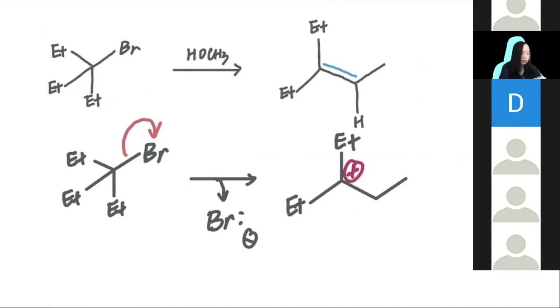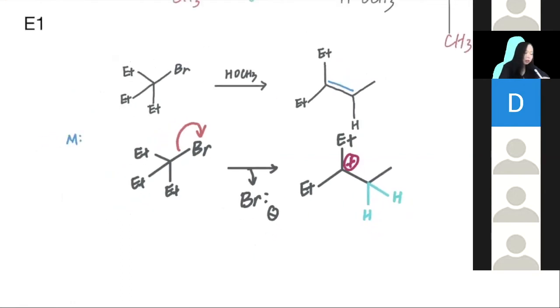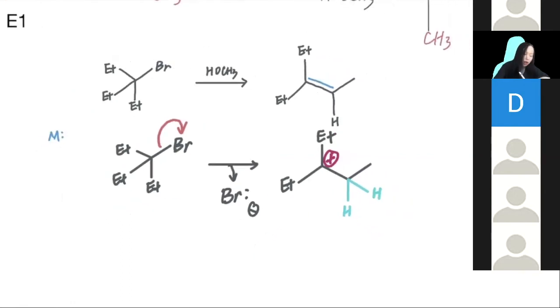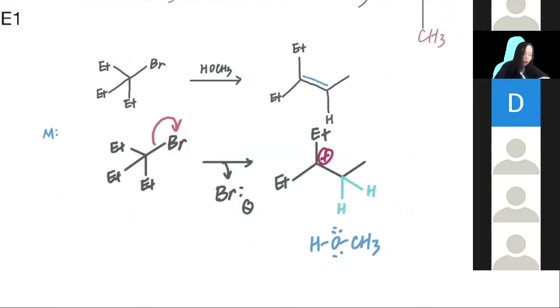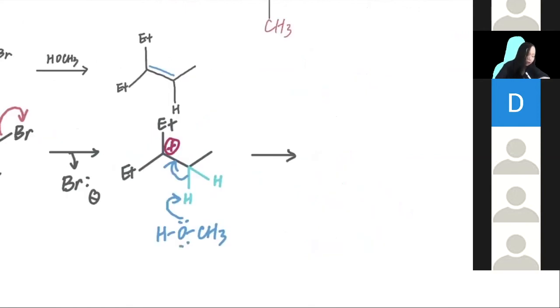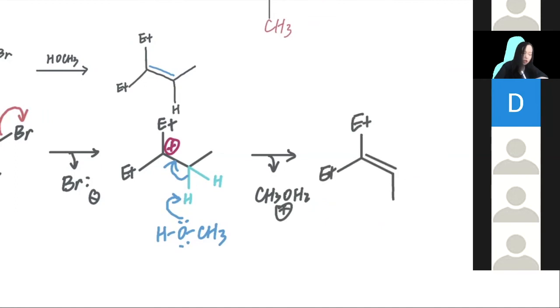That's the carbocation. On my carbon here there is one hydrogen, there is another. So what would happen is my nucleophile HOCH3, the lone pair on my nucleophile, is going to grab one of the hydrogens and form a double bond. By doing this, the whole thing is going to fall off, right? So it's going to be CH3OH2 plus. There is a hydrogen and a methyl. That's the previous hydrogen.